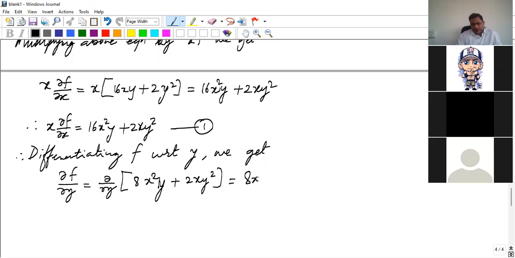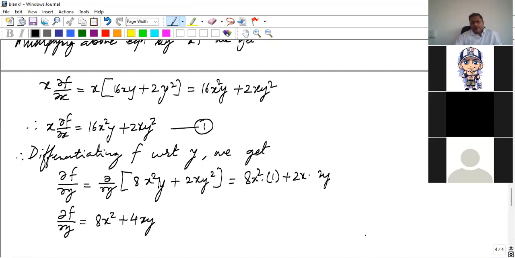So 8x square is going to be constant, and the derivative of y is going to be 1, plus 2x is going to be constant, and the derivative of y square is 2y. So we can say double f by double y is equal to 8x square plus 4xy.